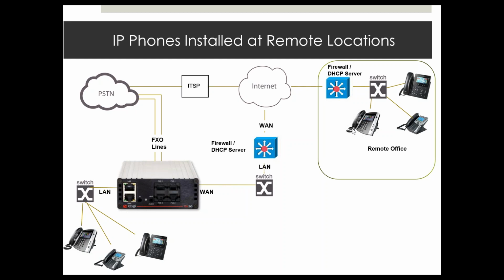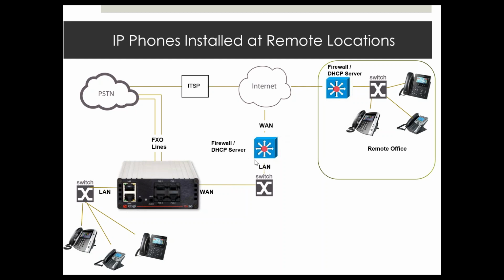Okay, one method for configuring those phones that works well is to use an OpenVPN. So the system acts as an OpenVPN server, and it helps with all the firewall type issues that you might run into where the phones are located, and even where the system might be located.